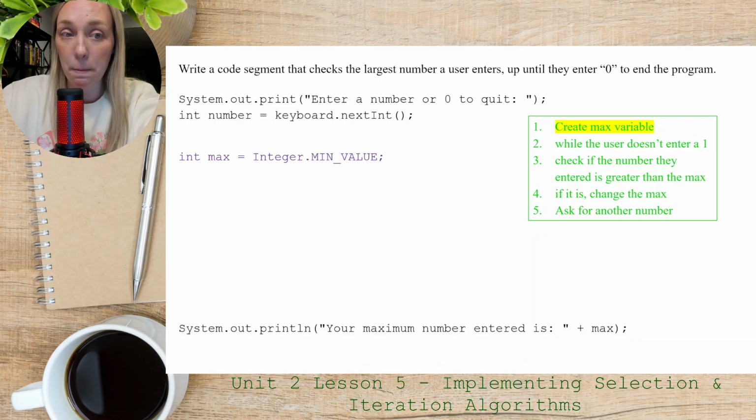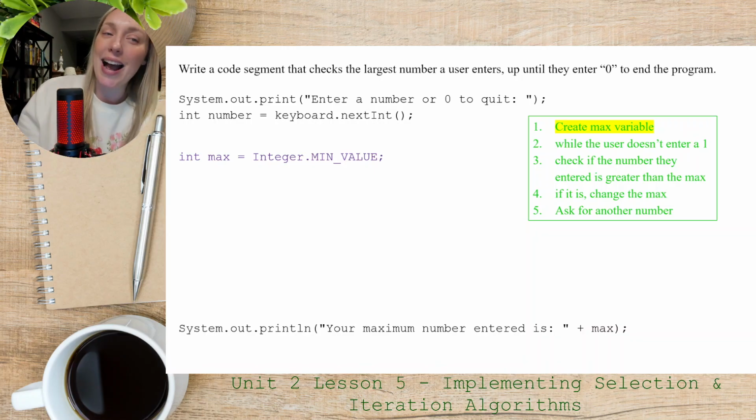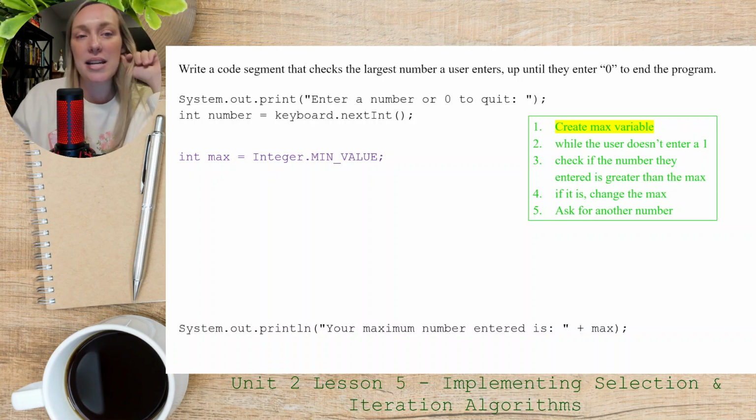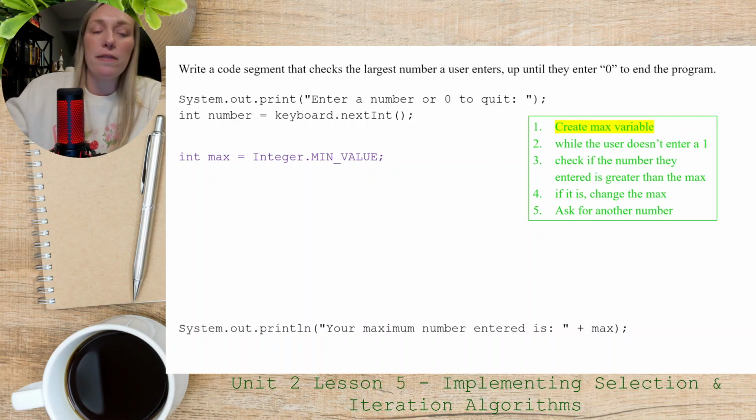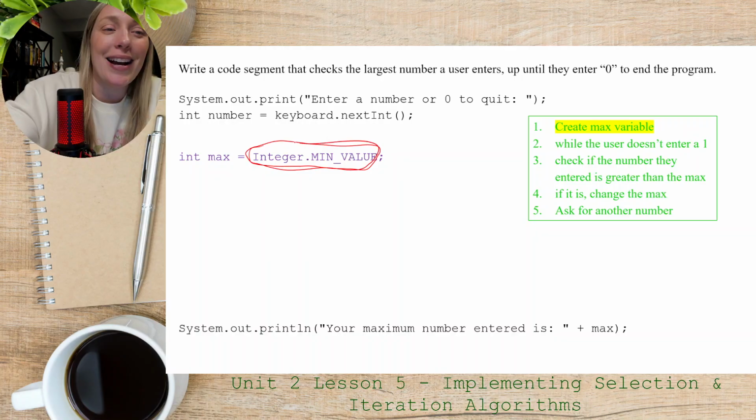Create the max variable. So I have int max equals Integer.MIN_VALUE. If you remember, we talked about this a little bit, and we'll talk about it even more in later units.